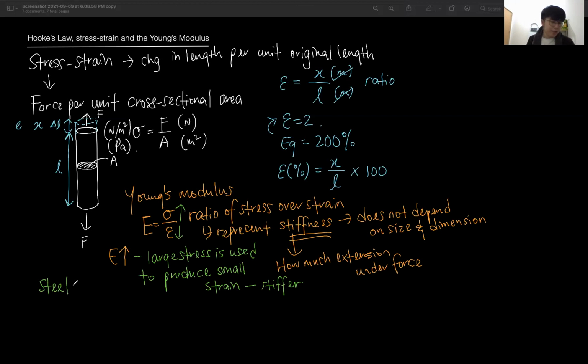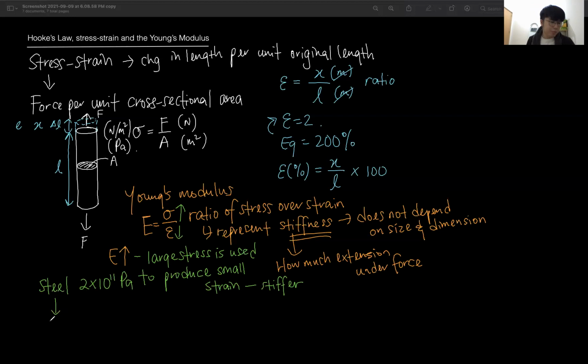The Young's modulus of steel is about 2 times 10 to the power of 11 Pascal. Don't be surprised with the values. The values are usually that big. During calculations, if you get something so big, the value is normal. So it's 2 times 10 to the power 11 Pascal.